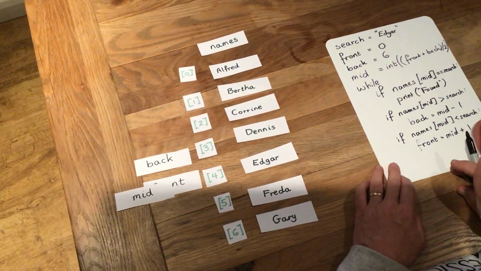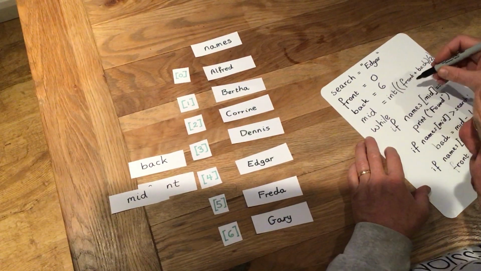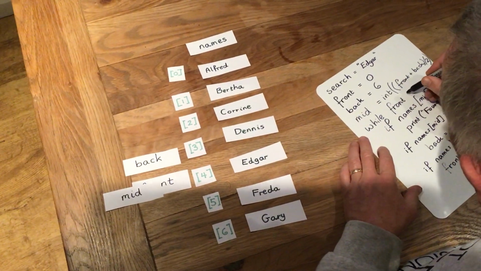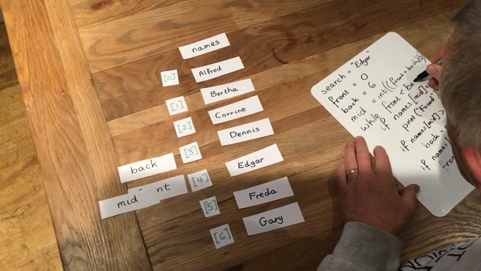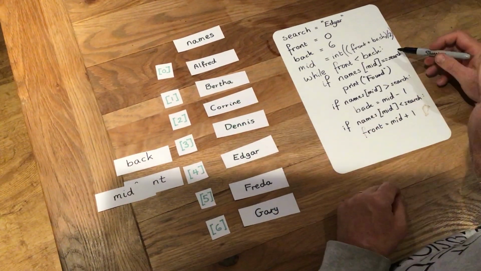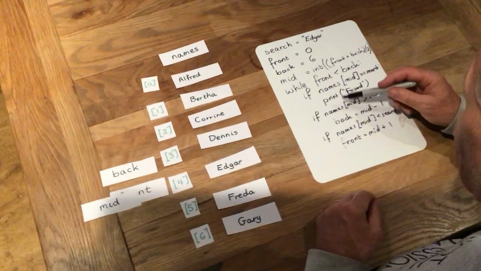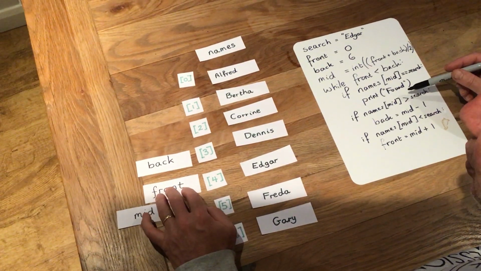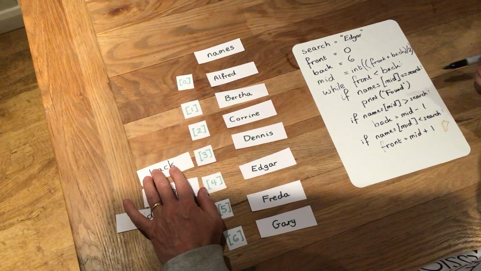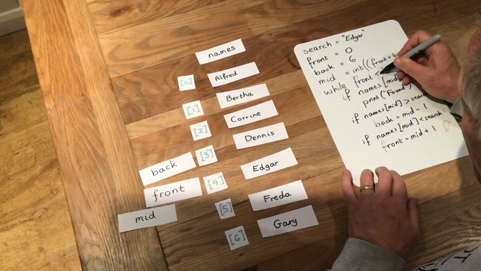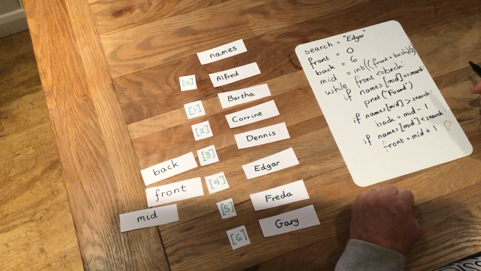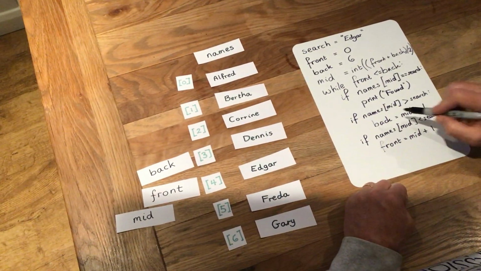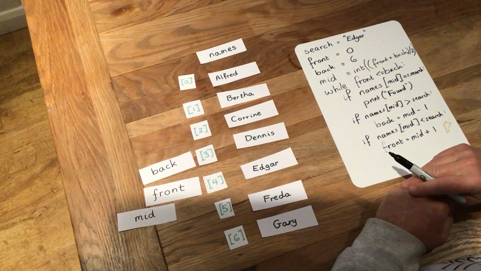So what we'll do is, we'll say as long as front is smaller than back. What that means is, as long as we never get to a point where front goes behind back, as long as front is less than or equal to back, I think we should say, then we'll be fine, we can keep going. If front ever gets bigger than back, then we know that we've gone too far and it's time to stop.